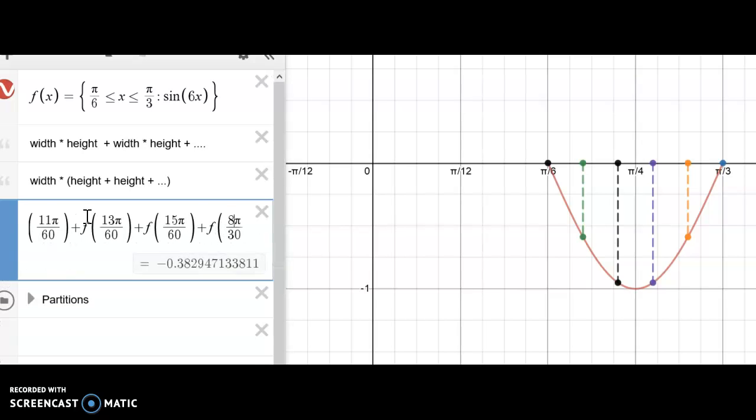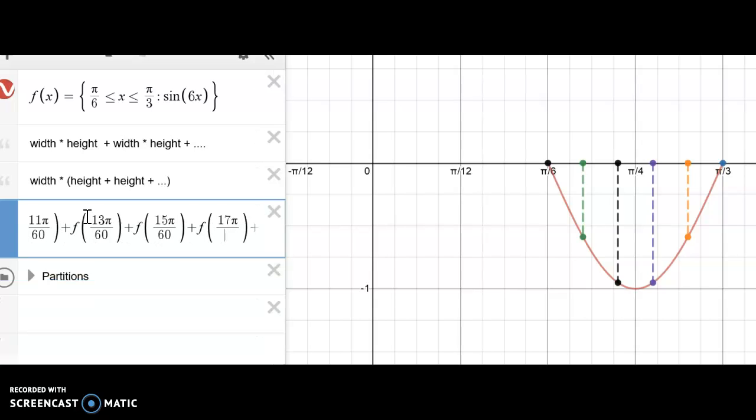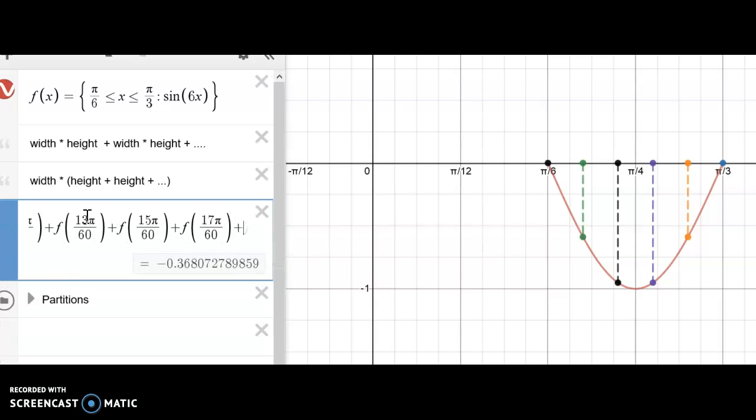Next one's going to be 17 pi over 60. And then the last one's going to be the 19 pi over 60. All right, and there's the midpoint formula sum. It's going to be negative 0.339 for this particular problem if you wanted to finish it.